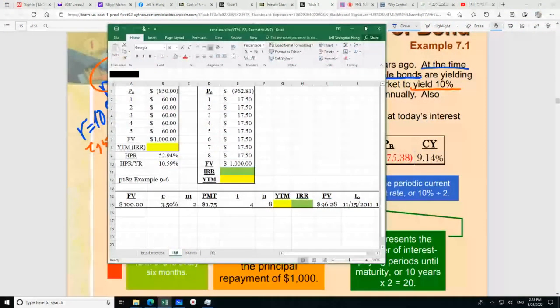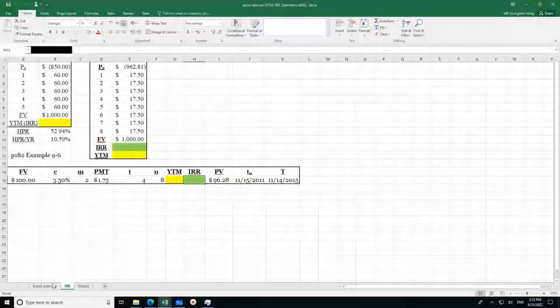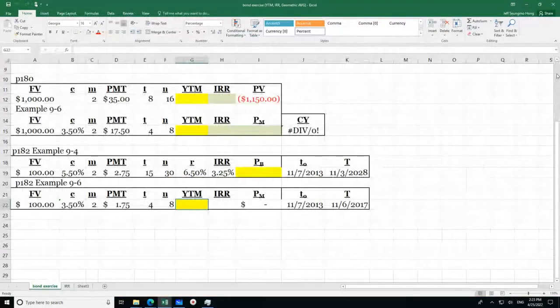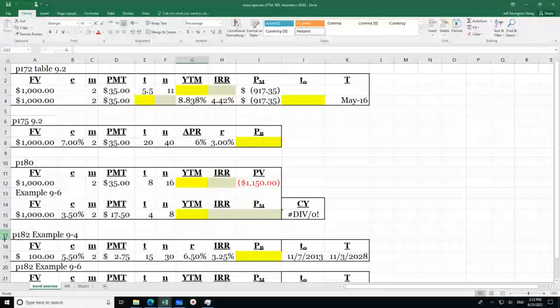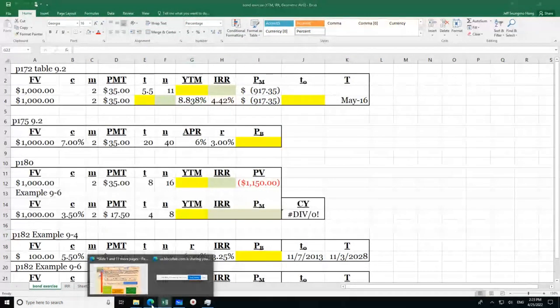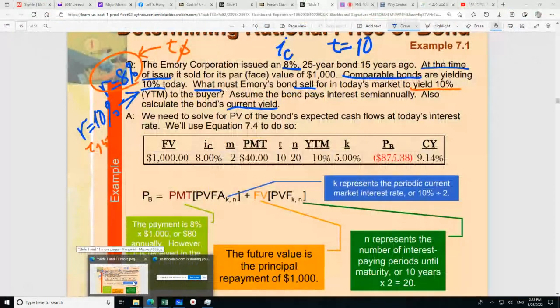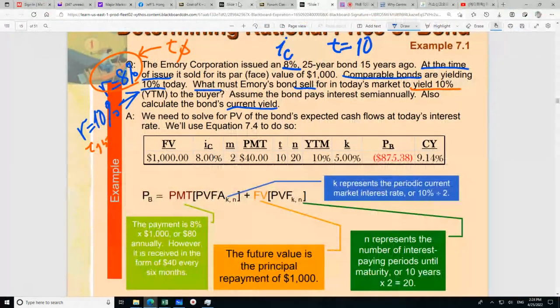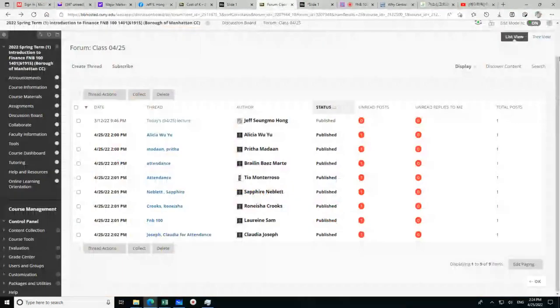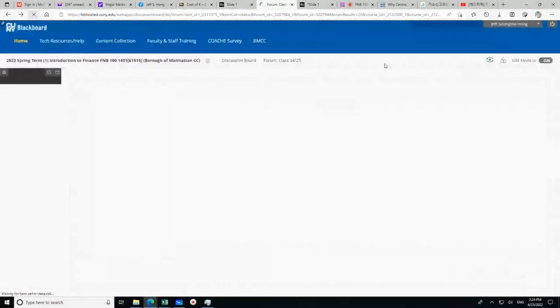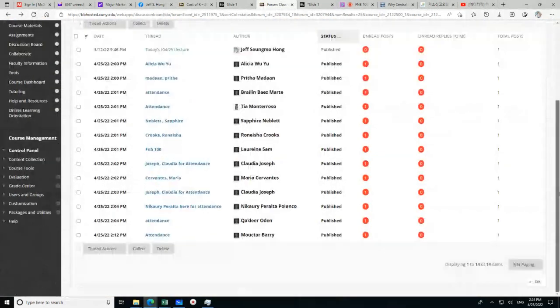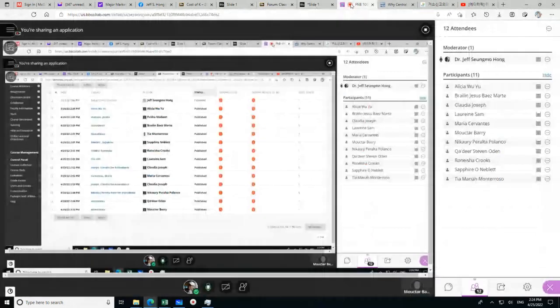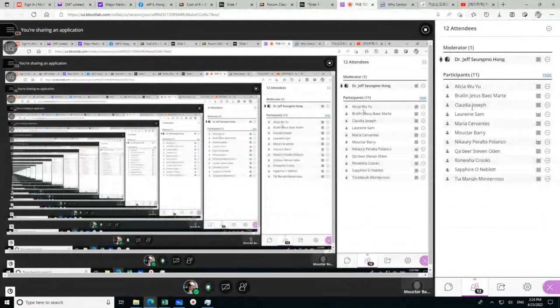But let's open this file. You should have downloaded this already from our last class. I see 13 people here, but I see 11 people, so 2 are still missing.